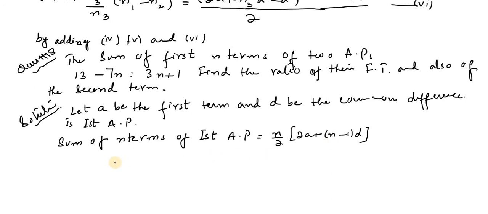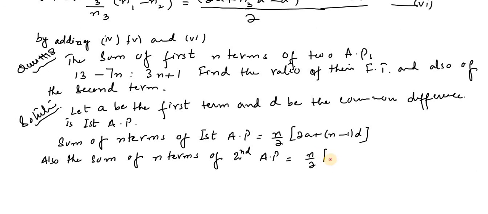Also, the sum of n terms of the second arithmetic progression is n upon 2 times (2A dash plus (n minus 1) D dash), where we take A dash and D dash to make the difference.